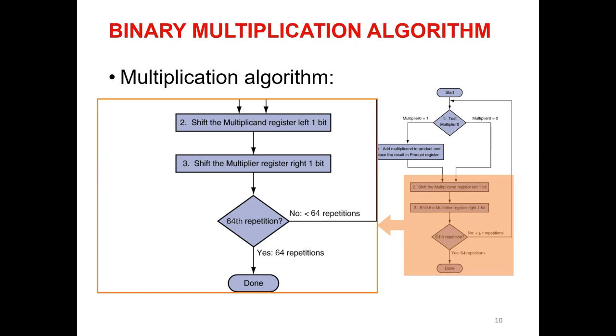So in this case we assume that we are going to have 64 repetitions for this multiplication, because the inputs will be 64-bit registers. And once we have done this 64 times, we are done. If you don't completely understand it right now, don't worry. In the next slides, you will for sure understand it.